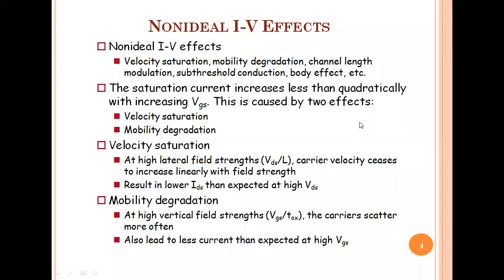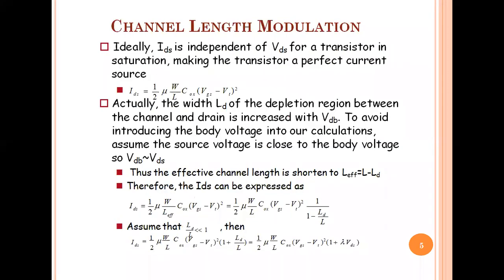And in the inversion mode, if you further increase the gate voltage, the depletion mode transitions into the inversion mode. In yesterday's lecture also we discussed all these points, right? But now here we have to start with the non-ideal effects. So the first point is channel length modulation.